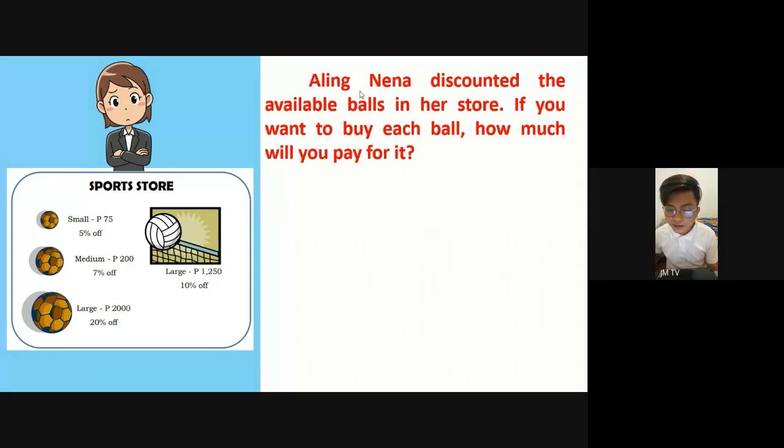So dito, si Aling Nena discounted the available balls in her store. If you want to buy each ball, how much will you pay for it? Kung bibilhin mo daw yung each ball, magkano daw yung babayaran mo with the discounted price?